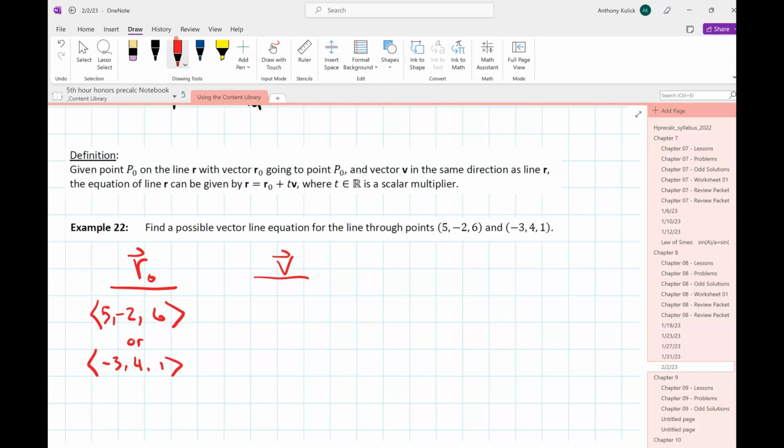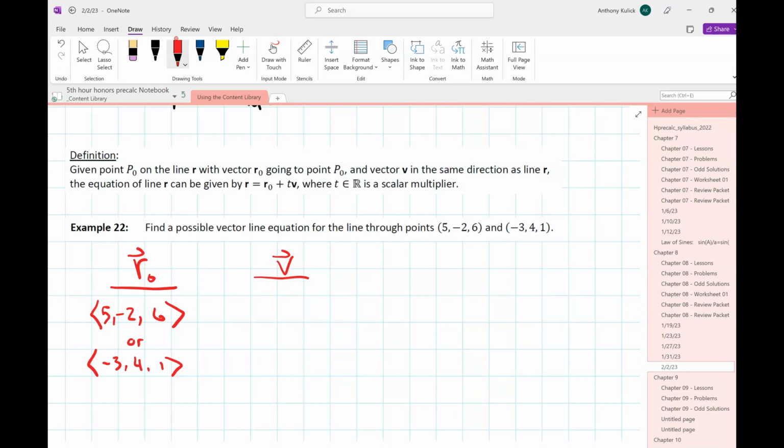How are we going to get the direction vector then? How am I going to find some vector in the same direction as this line? Or opposite direction? Well, you won't want to do the inverse of one of the point vectors.